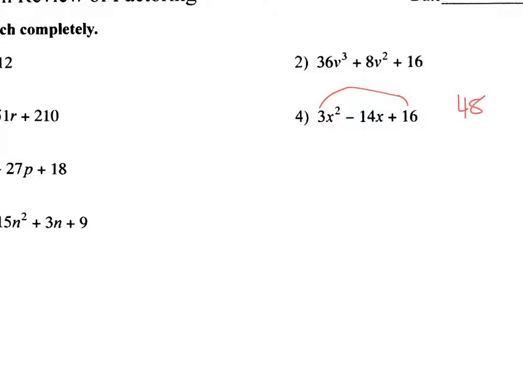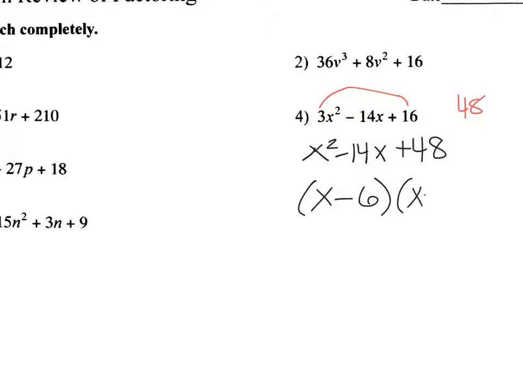So now this becomes x squared minus 14x plus 48. Now factors of 48 that add to give me 14, and that's going to be x minus 6 and x minus 8. But then we have to deal with the 3 again right here.